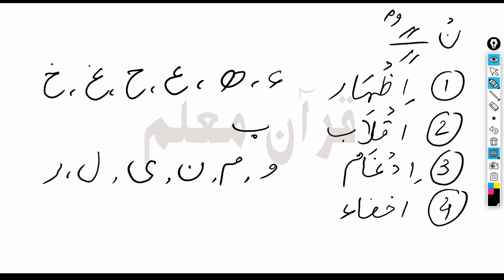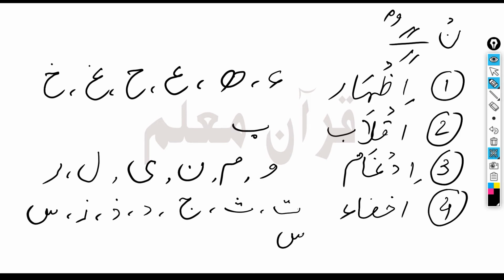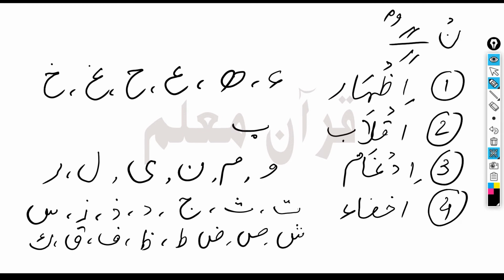Other than these 13 letters, we are left with 15 letters: Ta, Tha, Jim, Dal, Zal, Za, Sin, Sheen, Sad, Dad, Ta, Dha, Fa, Qaf, Kaf, Lam, Mim, Noon, Waw, Hamza, Ya, and Ya.